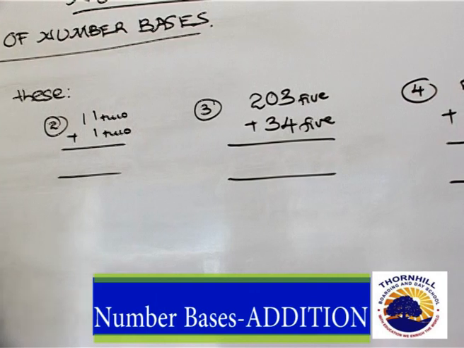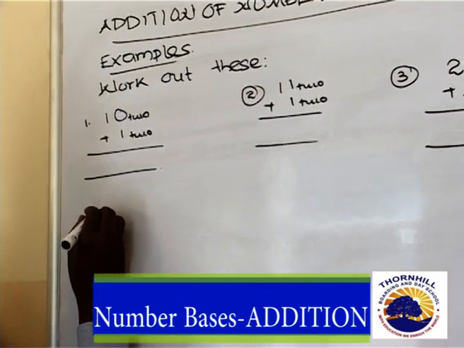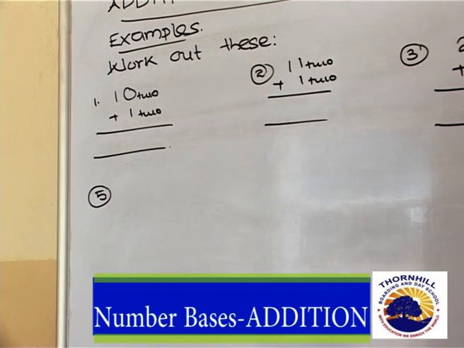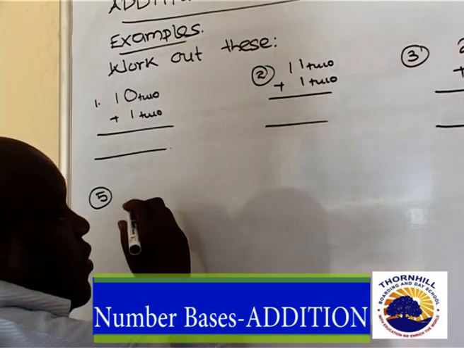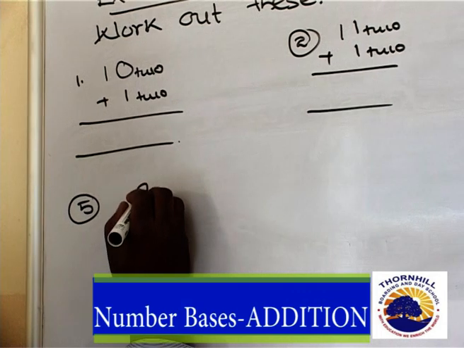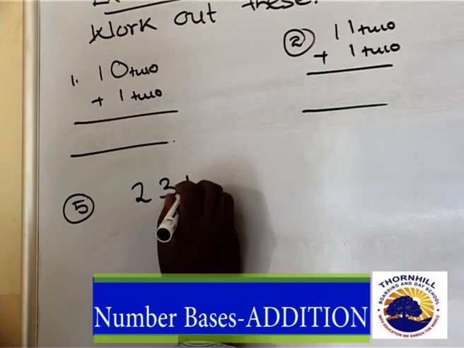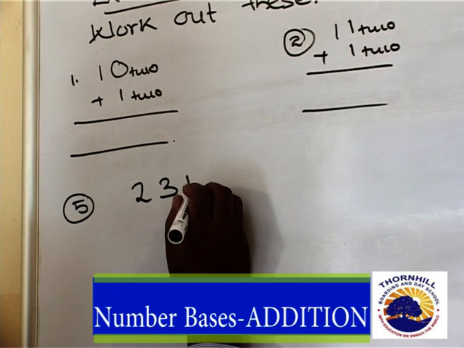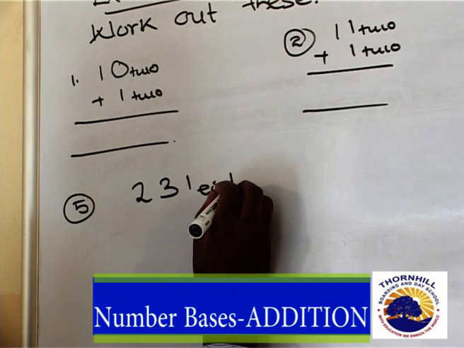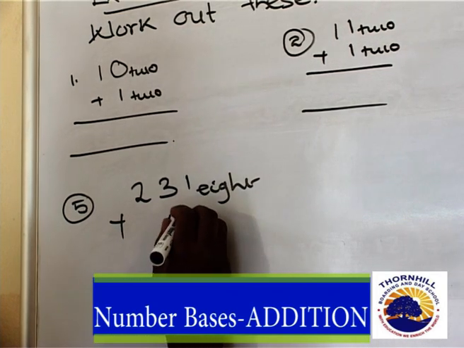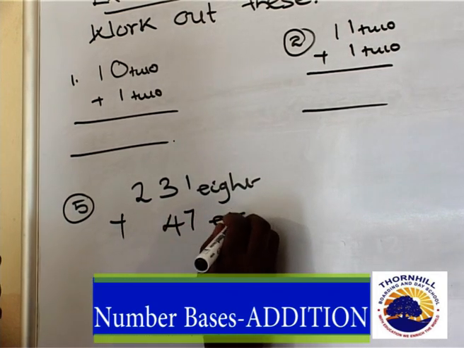And come to the fifth one. The fifth one is 231, base 8, add maybe 47, base 8.